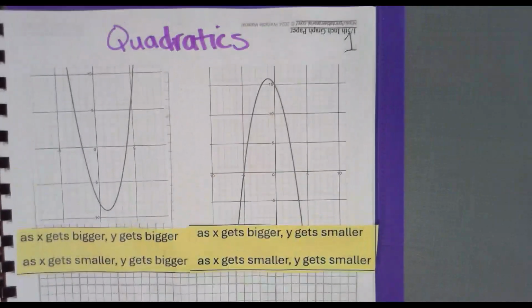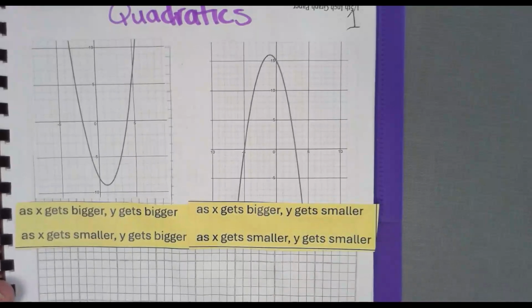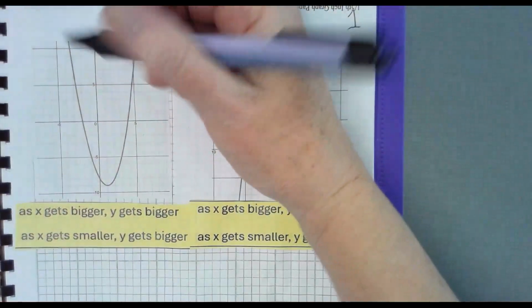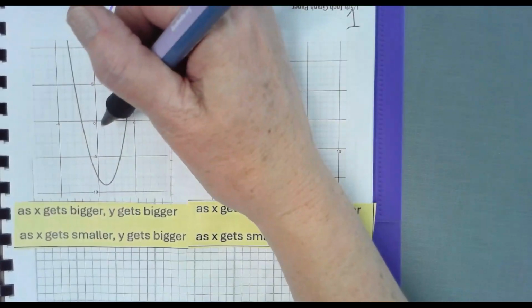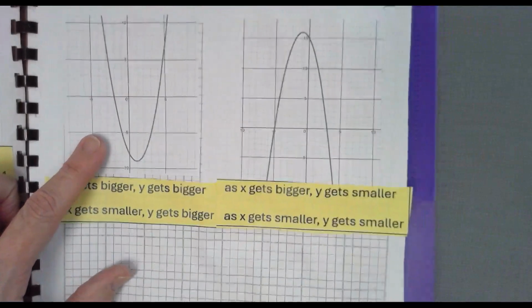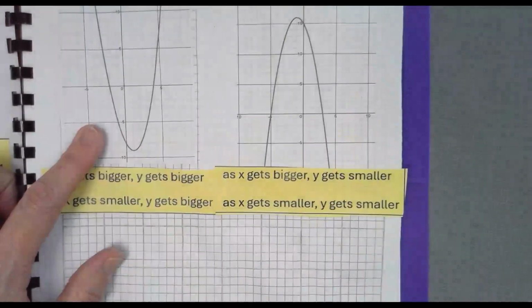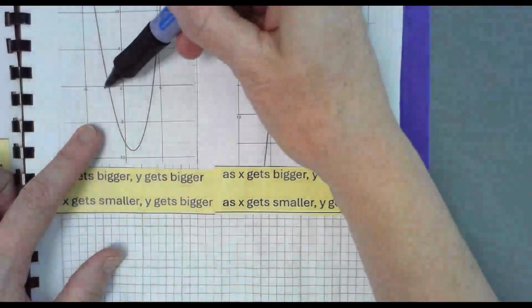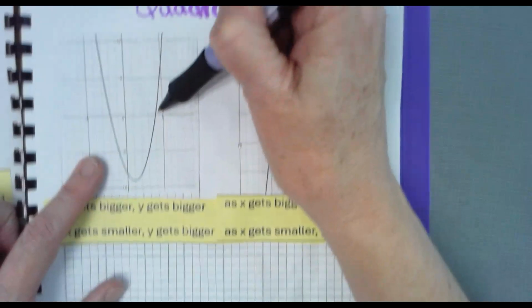Okie dokie. We good? All right, let's go to this last quadratic. Okay, did anybody notice anything funny with the x-intercepts? What x-intercept do we have here? You have 1. How many x-intercepts do we got here? Y'all, do you see the difference? Look at your quadratic. It's got 2 x-intercepts.